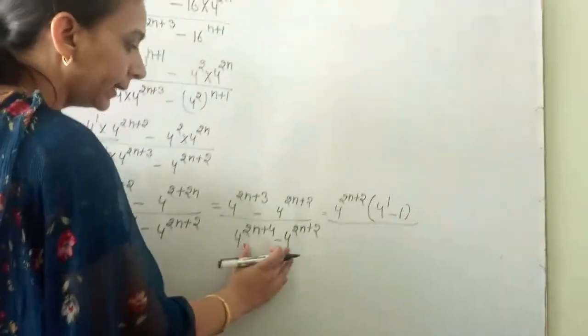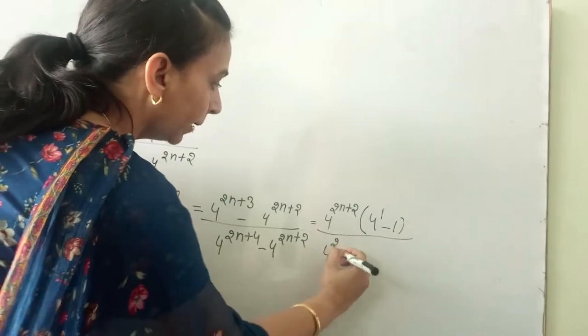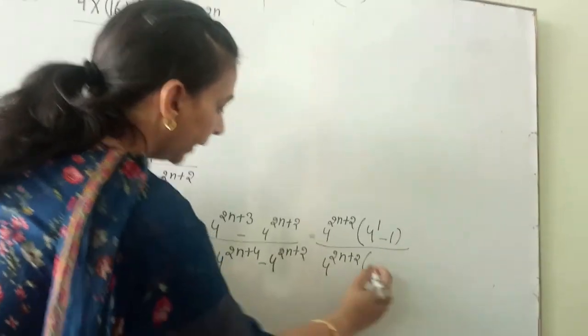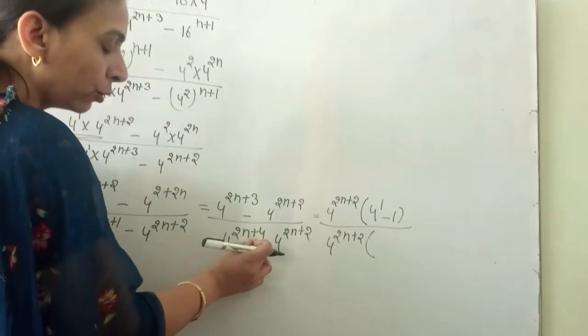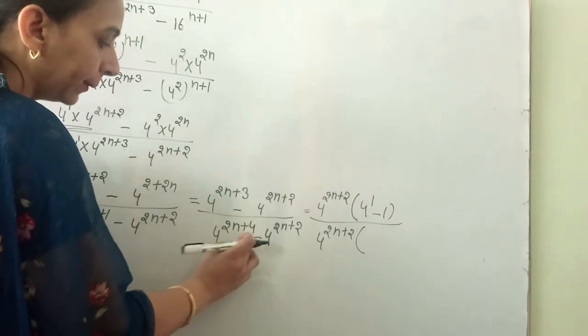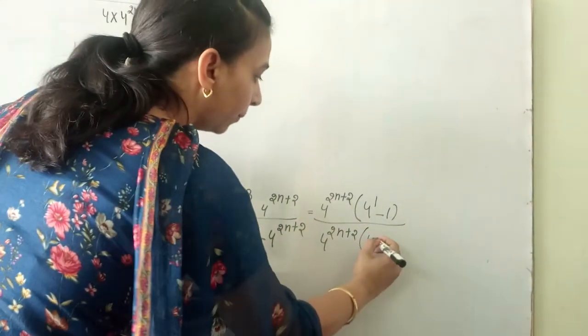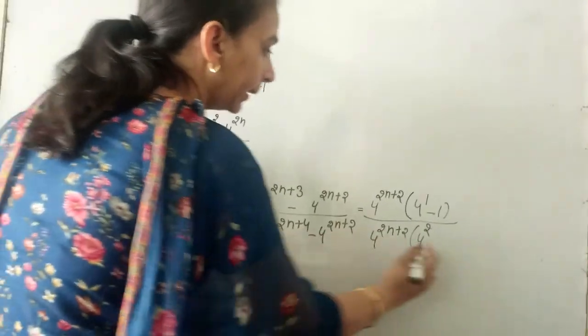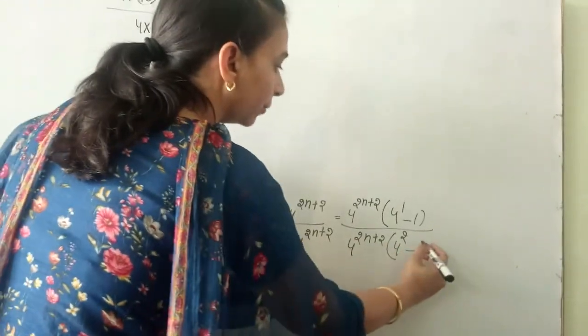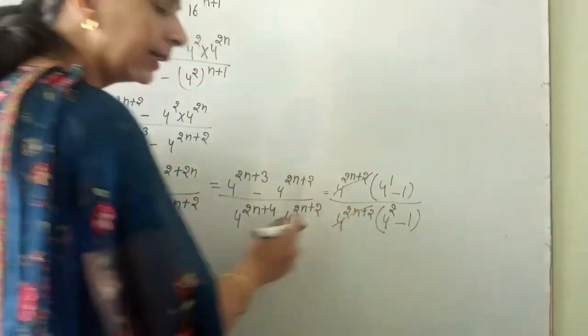Divided by the same as it is. In the denominator we take 4 raised to the power 2n+2 common, then only 4 raised to the power 2 is left, 4 raised to the power 2 minus 1 since the complete term is common. This is a cancel out.